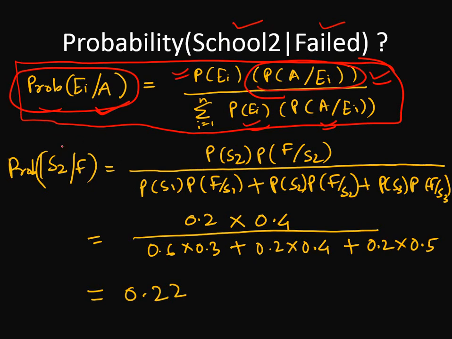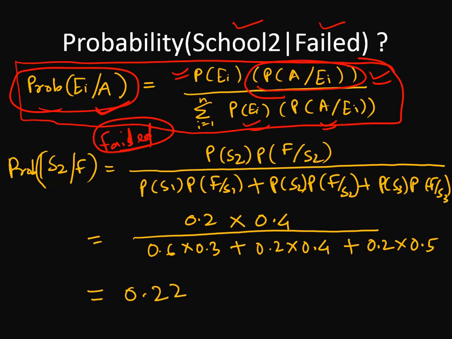So when we consider S1, S2, S3, school 1, school 2, and school 3 as Ei, the event A is nothing but whether somebody has failed. So the event A is failed, so we denote it as F, and the schools are S1, S2, and S3. Now put that in the formula. So probability of S2 given F is probability of S2 multiplied by probability of F given S2.